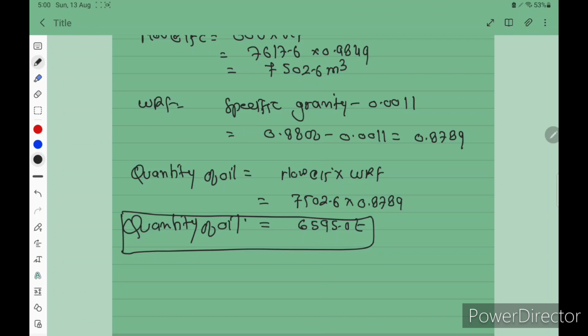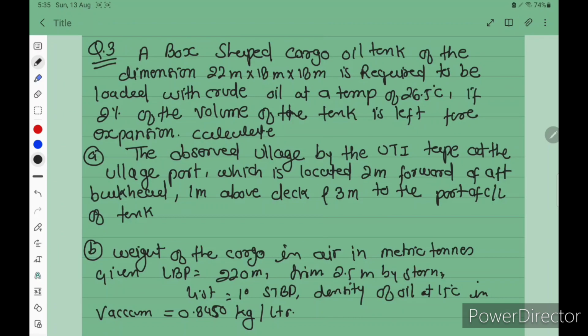Okay, so let's move on to the third question. The third question is a box shaped cargo oil tank of dimensions 22 m, 18 meters and 18 meters, required to be loaded with crude oil at a temperature of 26.5 degrees centigrade, if 2% of the volume of the tank is left for expansion.